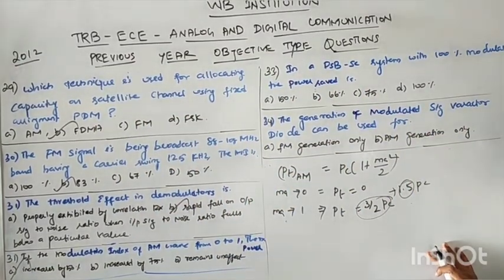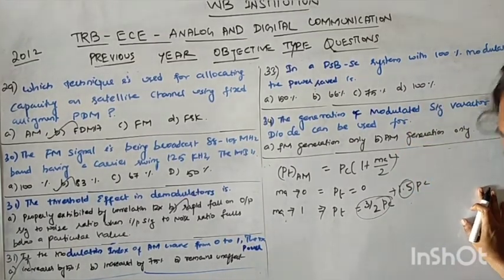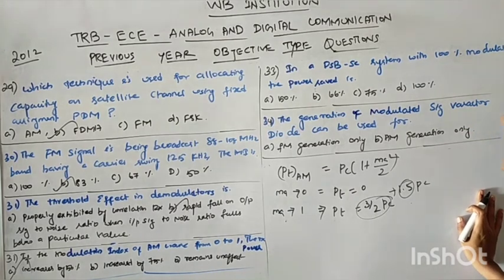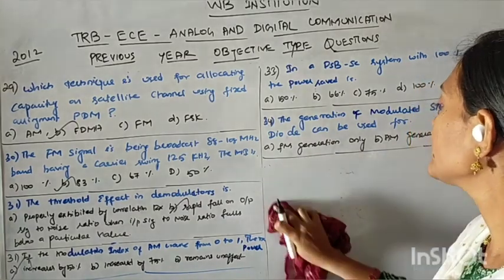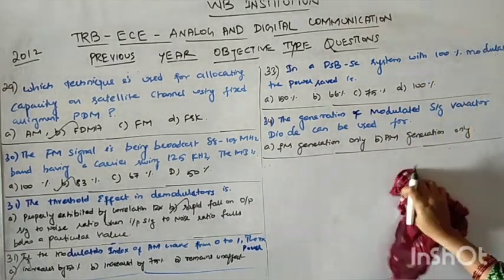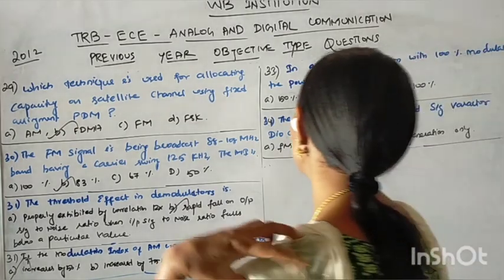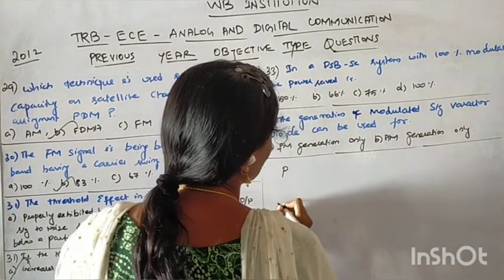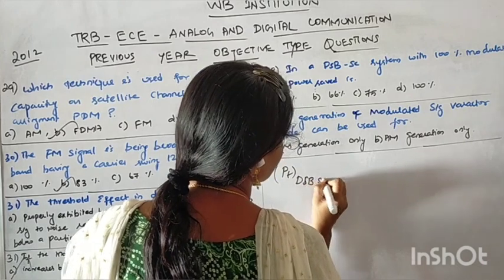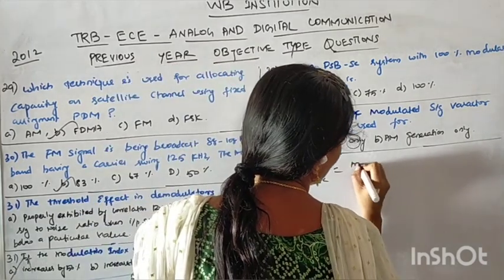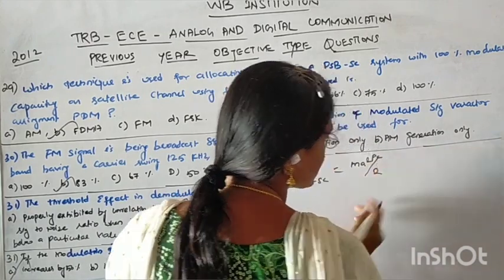So 0.5, that means 50% increase. Okay, so next question: in a DSB-SC system, with 100% modulation, the power saved is. So they are asking how much power is saved. We know the power transmitted of a DSB-SC system formula is MA squared by 2 PC divided by 2.